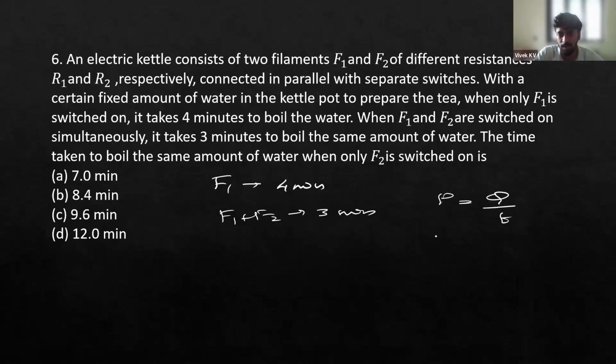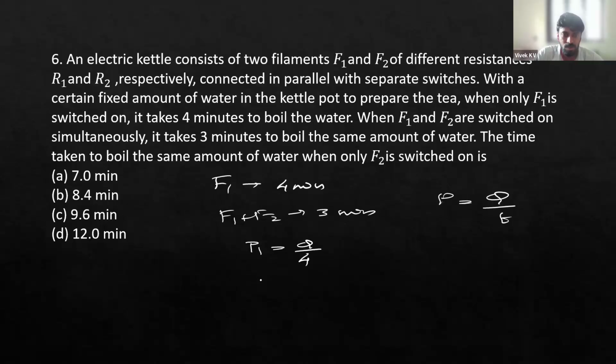Let us imagine that in the first case, when only one filament is switched on, the power is P1, which is equal to Q by 4. The amount of heat Q will be the same because it is the same amount of water, so we need the same heat energy to boil.